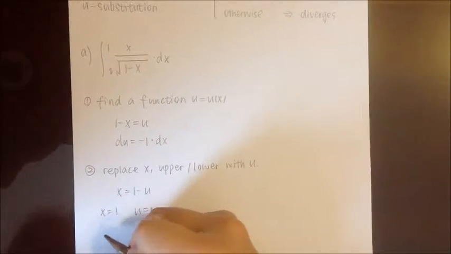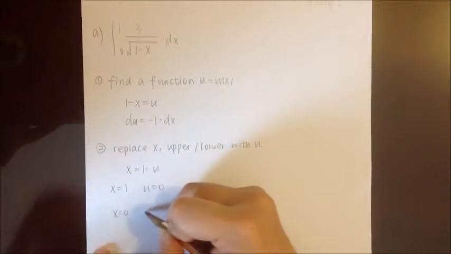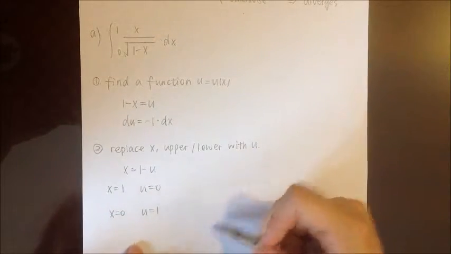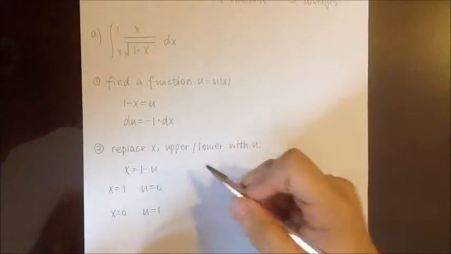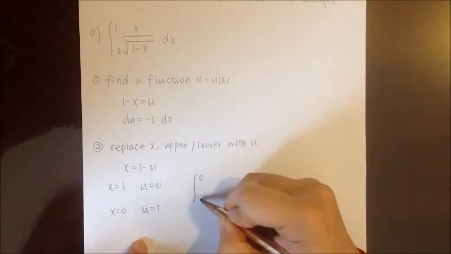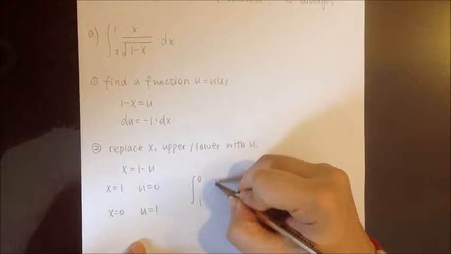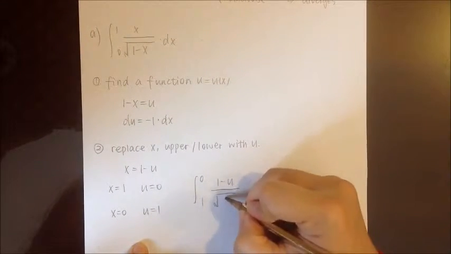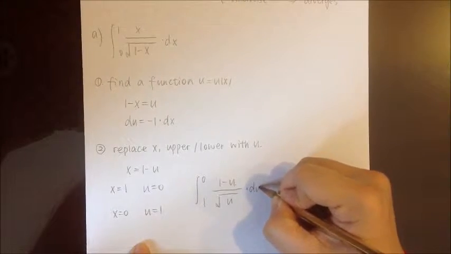And for lower boundary, when x equals to 0, u equals to 1. And replace all this stuff into the original integral, we can get a new integral, which is the integral from 0 to 1 of 1 minus u over the square root of u times du.